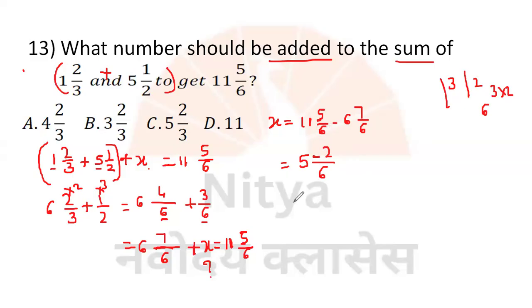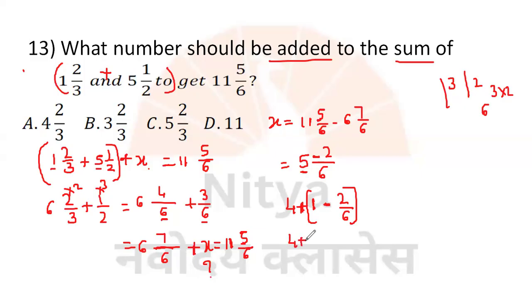Okay, so now what we have to do is divide the 5 into 4 plus 1. Like this, we have to take it, and minus 2/6. So we have to divide this whole number into 4 plus 1, and we have to subtract the fraction part only from 1.